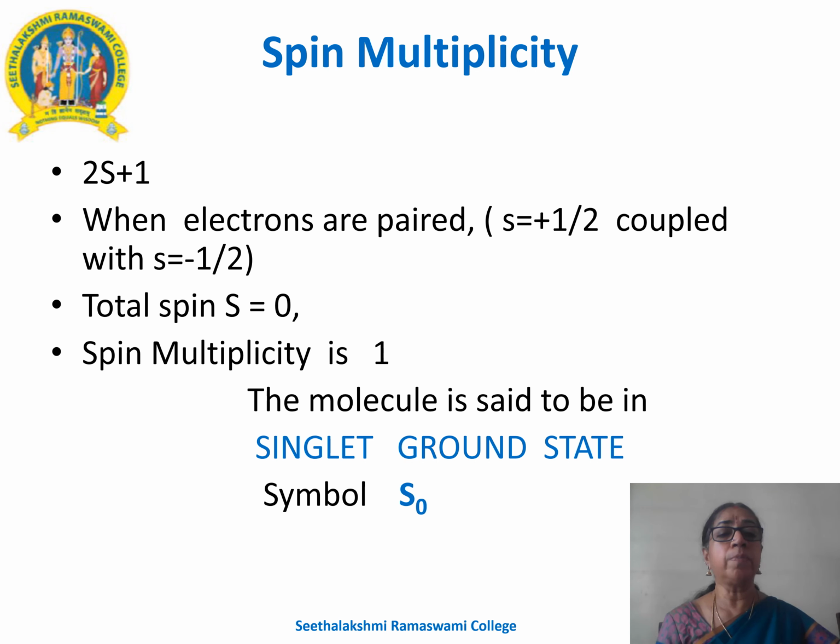Then the spin multiplicity is 1. If the spin multiplicity is 1, the molecule is said to be in singlet ground state. Singlet ground state is represented by the symbol capital S with a 0 in the suffix, that is S0.